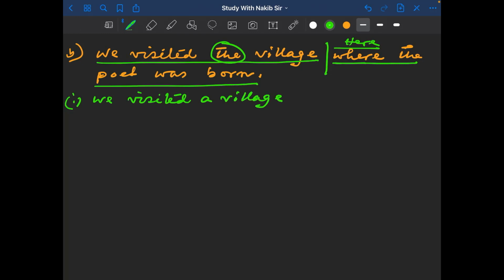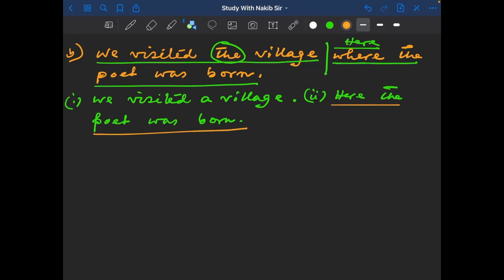We visited a village. Here, number 2, here the poet was born. Okay, so here the poet was born. This is the sentence we got from the adjective clause where the poet was born.